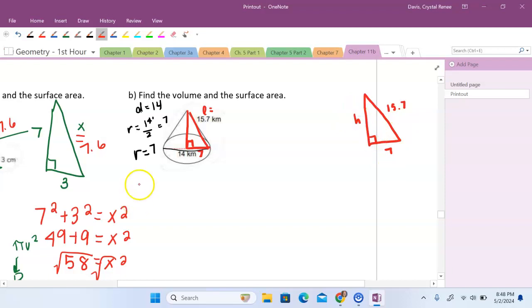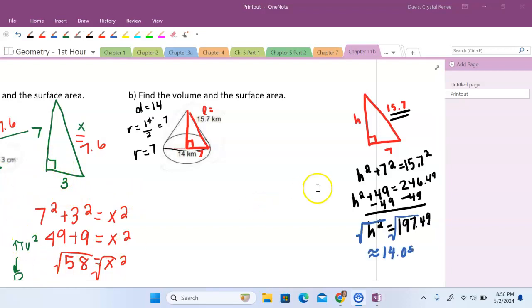I'm going to go ahead and calculate my height so I don't have to do it later. I'm going to use Pythagorean theorem, a squared plus b squared equals c squared. Remember, your hypotenuse is always your c squared. So I want you to go ahead and pause this video and solve for your h, and when you're done, unpause it, and we'll go over it. All right, so a squared plus b squared equals c squared.